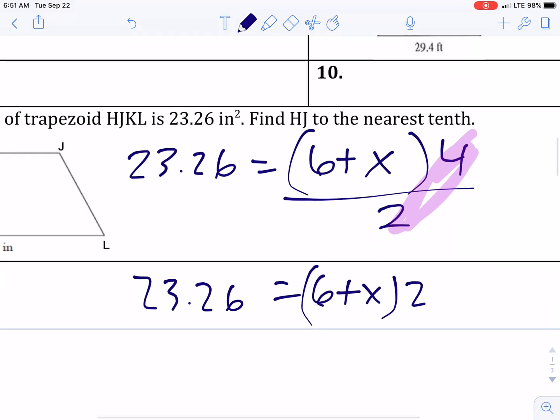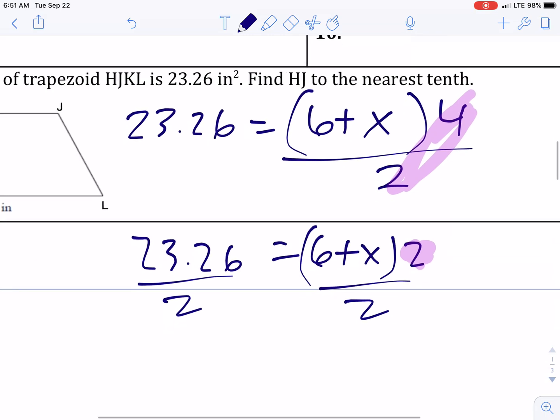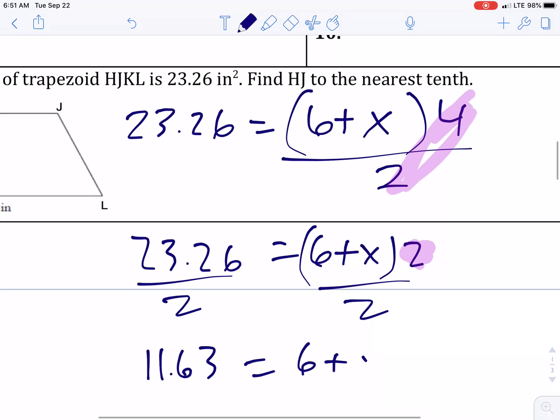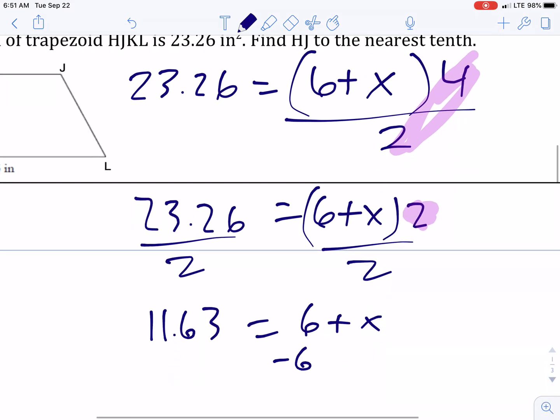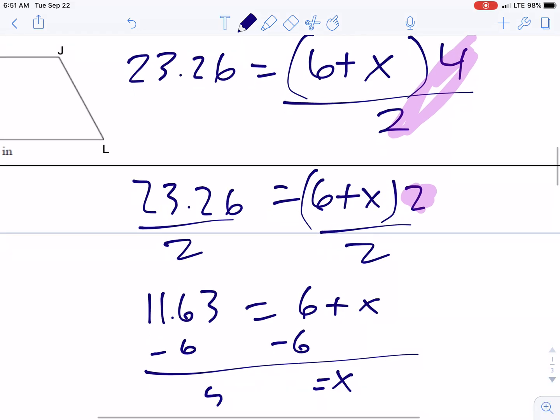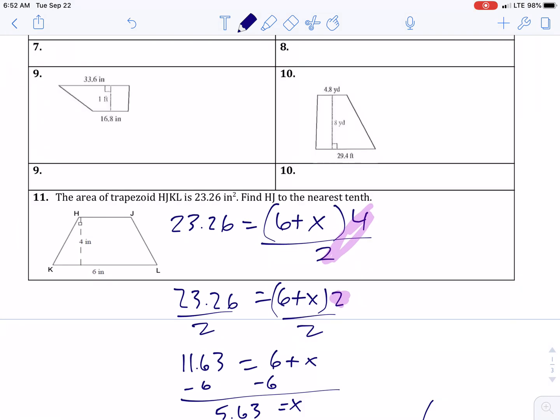Right? That's the 4 divided by 2. Now I'm going to divide both sides by 2. 23.26 cut in half is 11.63 is equal to 6 plus x. Subtract 6 and you get 5.63. Okay, so that's the basics of what we got going on here.